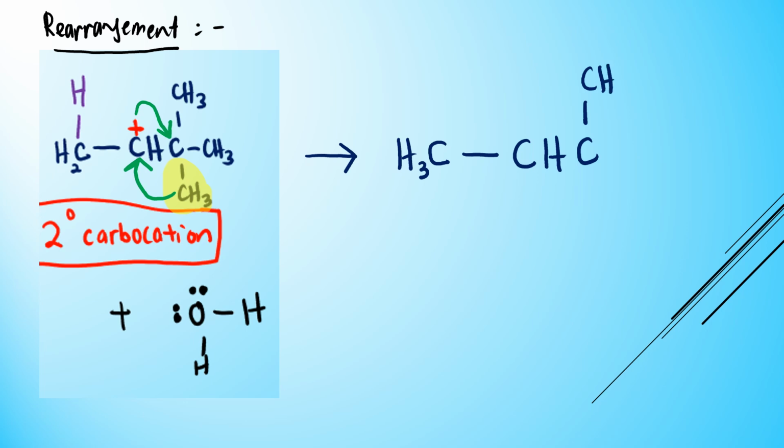CH3 atas kekal, CH3 on the right side kekal. Okay, what happened? Carbon number 2 akan terima 1 methanide shift from the carbon number 3. At the same time, positive charge akan bergerak ke carbon number 3. Itu yang berlaku.